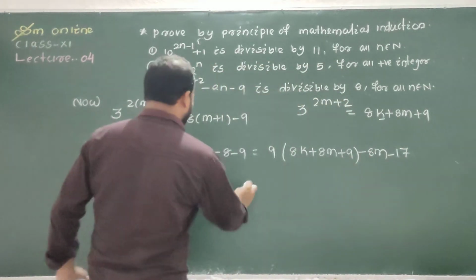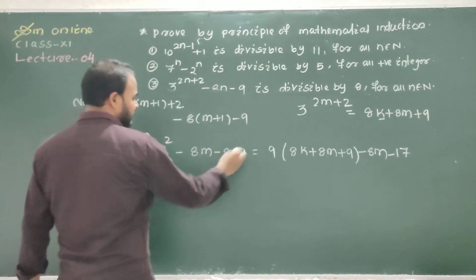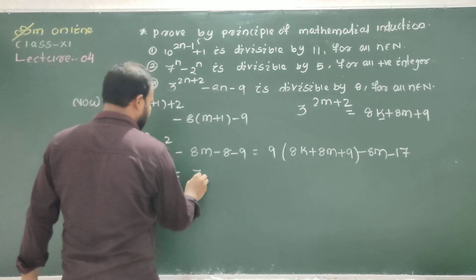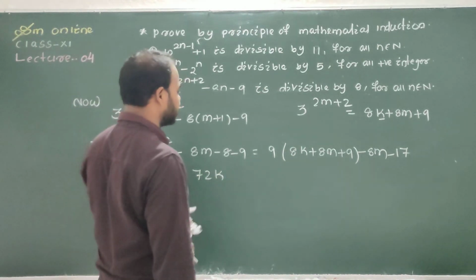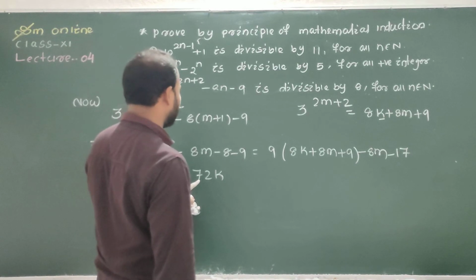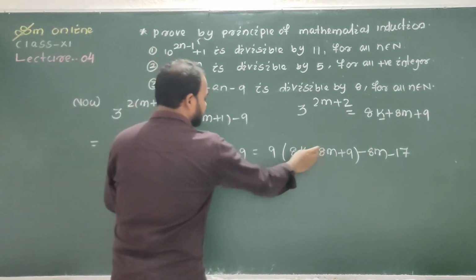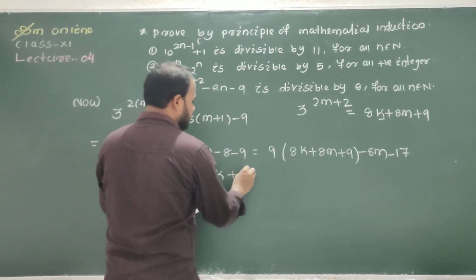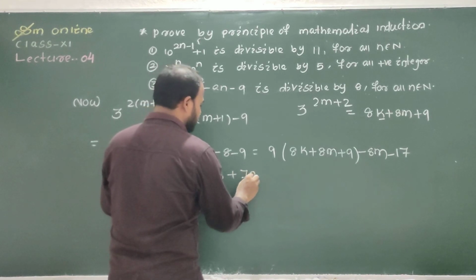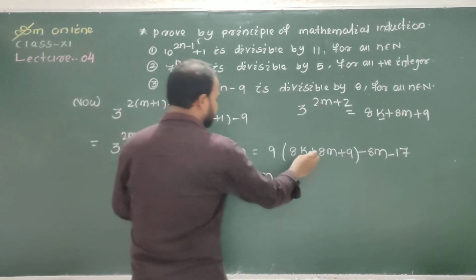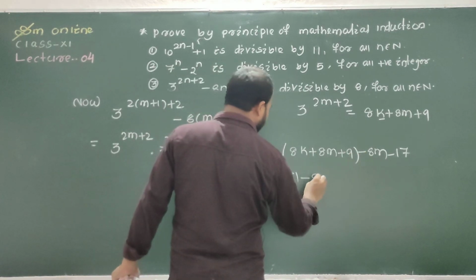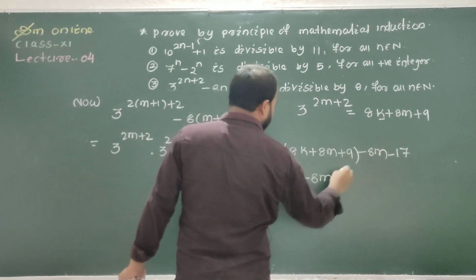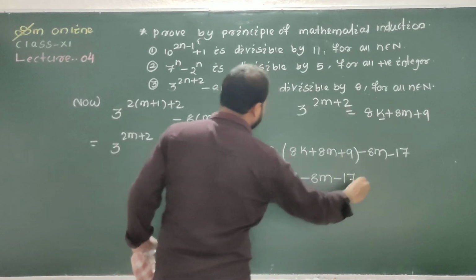Opening the bracket, we get 72k plus 72m plus 81, minus 8m, minus 17.